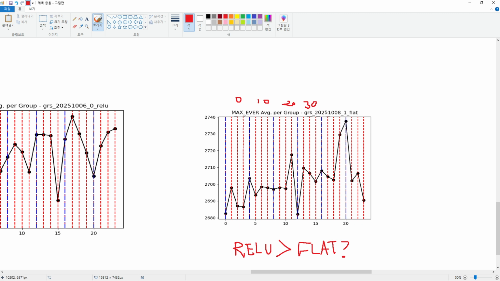That's 30%. From here, 1, 2, 3, 4. That's 40%, and after that, 50%. Chill event ratio of 50%. Anyway, here we can see that there is a general trend of everything going upwards.